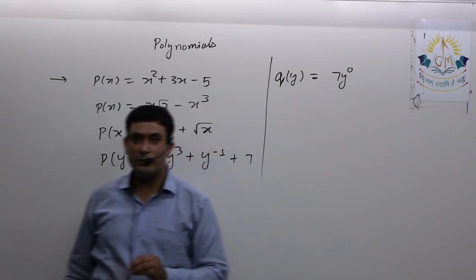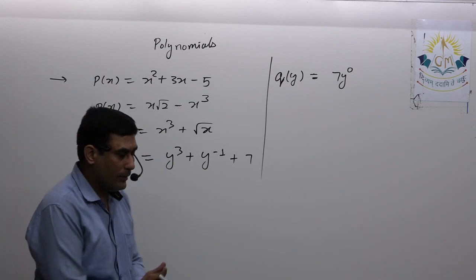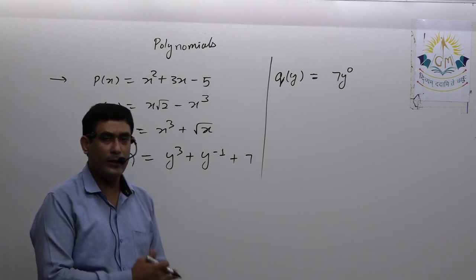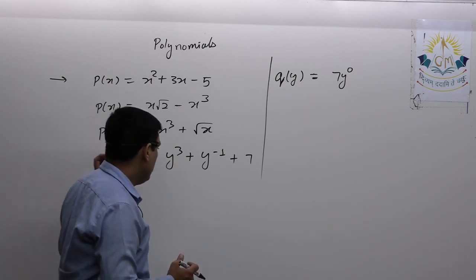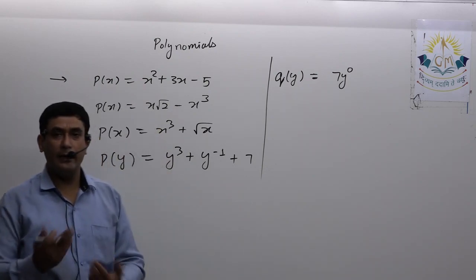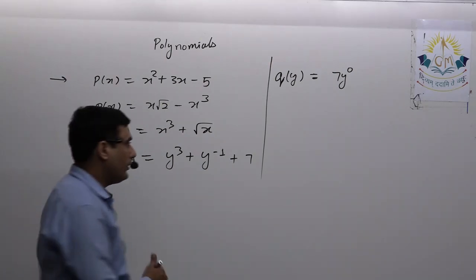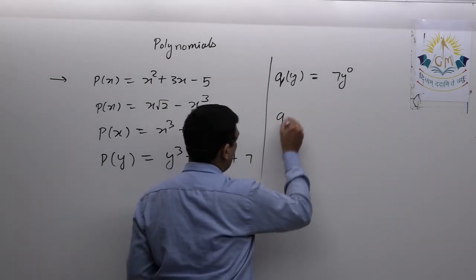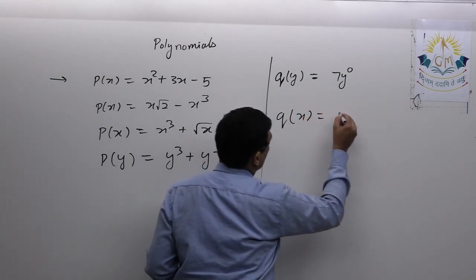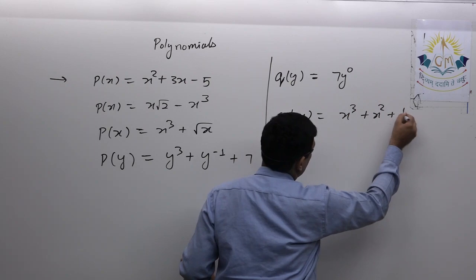Simply we have to check the power of the variable. First of all, all the terms or variables should be in the numerator, and then we check whether the power of the variable is a whole number or not. Suppose I give you the example q(x) = x cube plus x square plus 1 upon x.